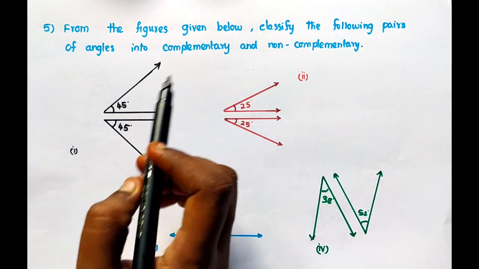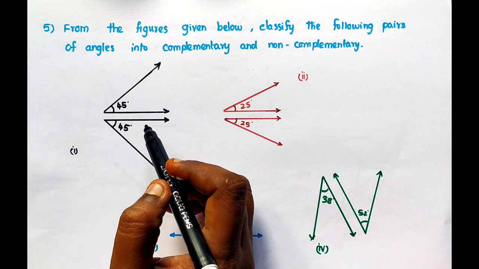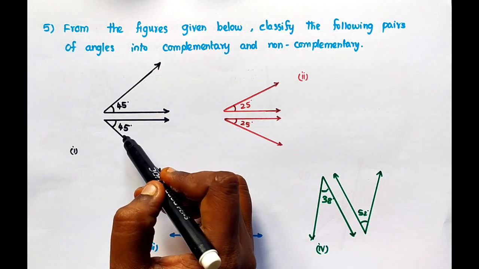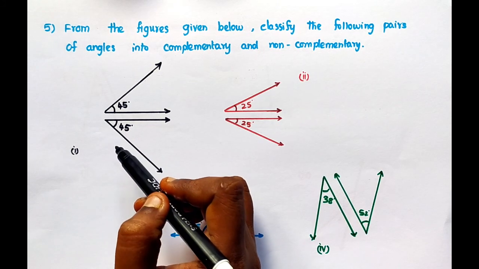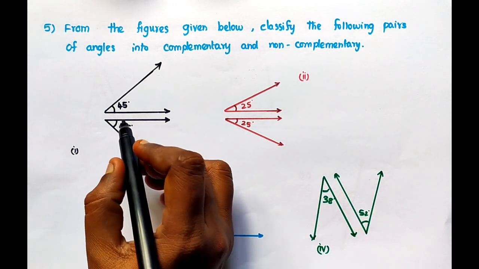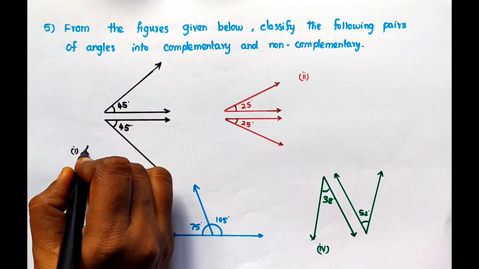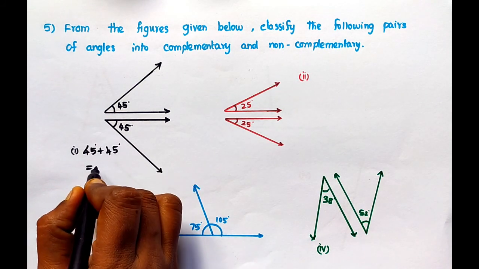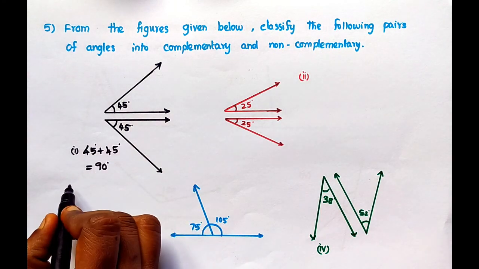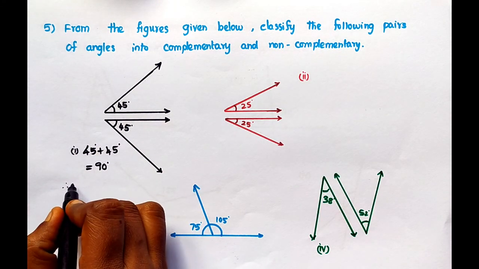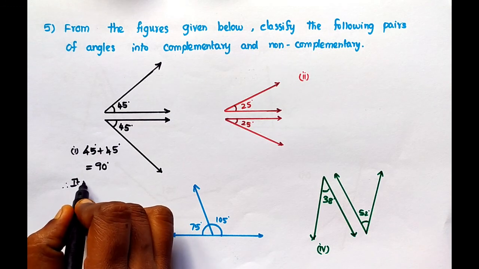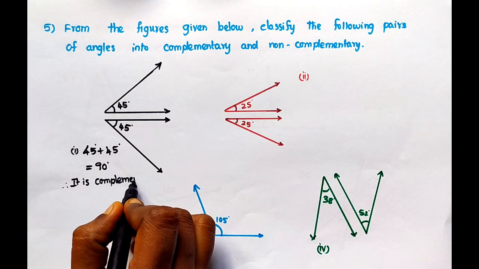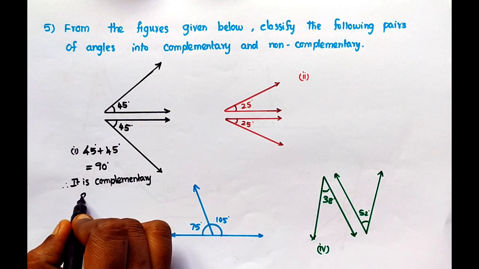Fifth one, from the figures given below, classify the following pairs of angles into complementary and non-complementary. Listen, we given the angles. Add these two angles. If you get 90 means it is complementary, otherwise non-complementary. Add these two angles, 45 plus 45, that is 90 degree. So it is complementary angle.